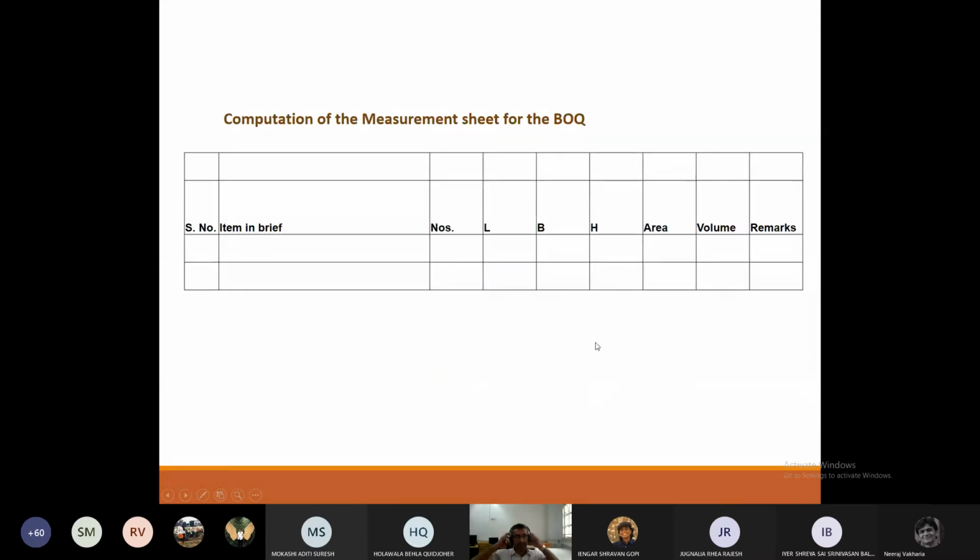Now when the contractor makes the bill and sends it to you, he will also make such a measurement sheet and send it to you.